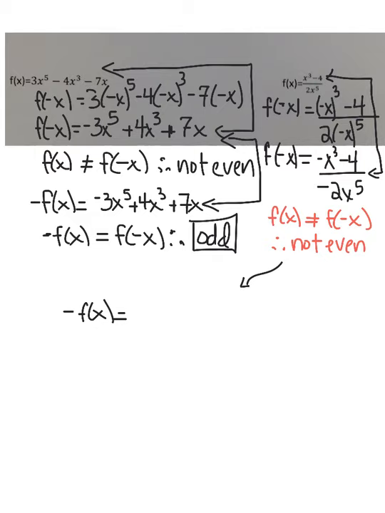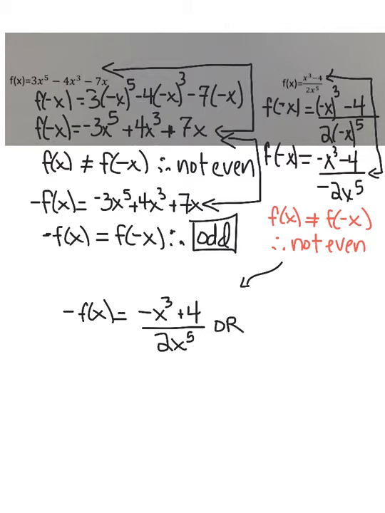So what I'm going to do is I'm going to show you both. So if I negate the numerator, I would get, oops, got to turn my pen back on. I would get negative x cubed and a plus 4. If I do that, don't touch the denominator.